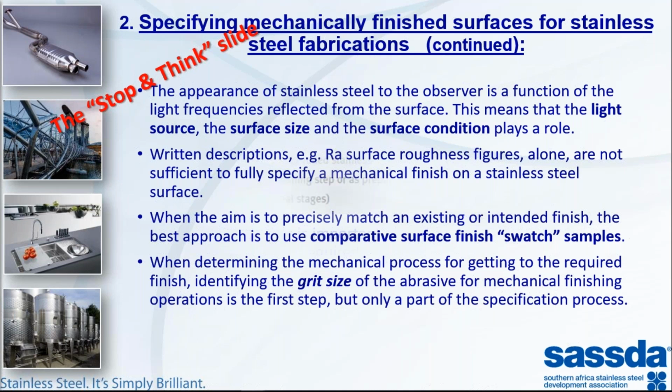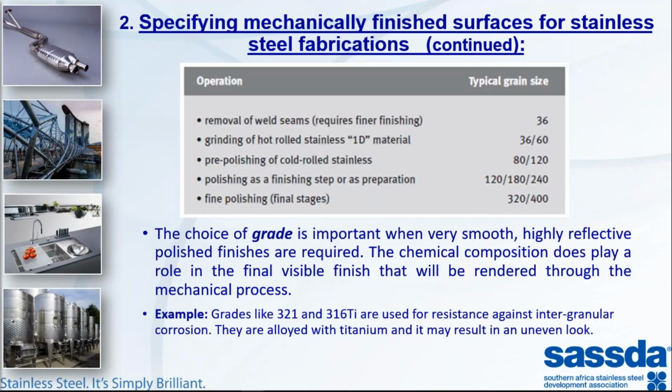So when we talk about grit size and specifications, this is normally the grit sizes that we will work at for different processes. The removal of weld seams, that will be around 40 grit. And when we do the hot rolled material, 2B finish with that orange peel effect, we will also start around about a 40, and we move up to a 60 grit.